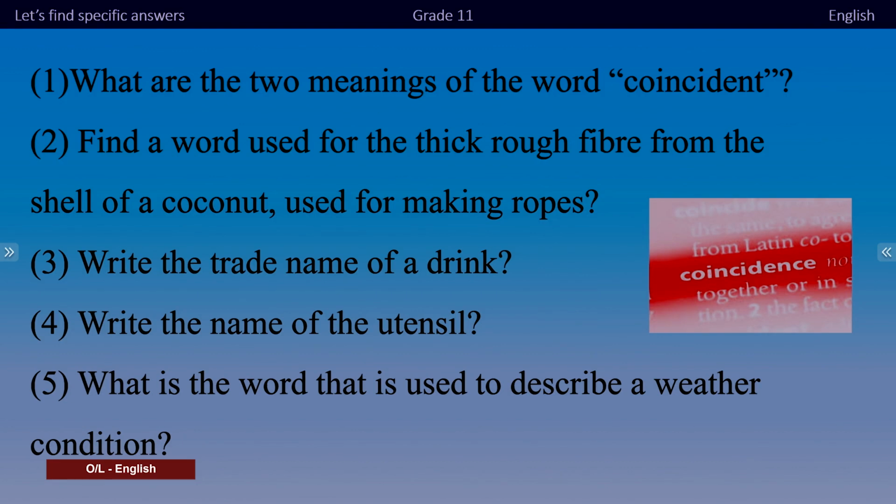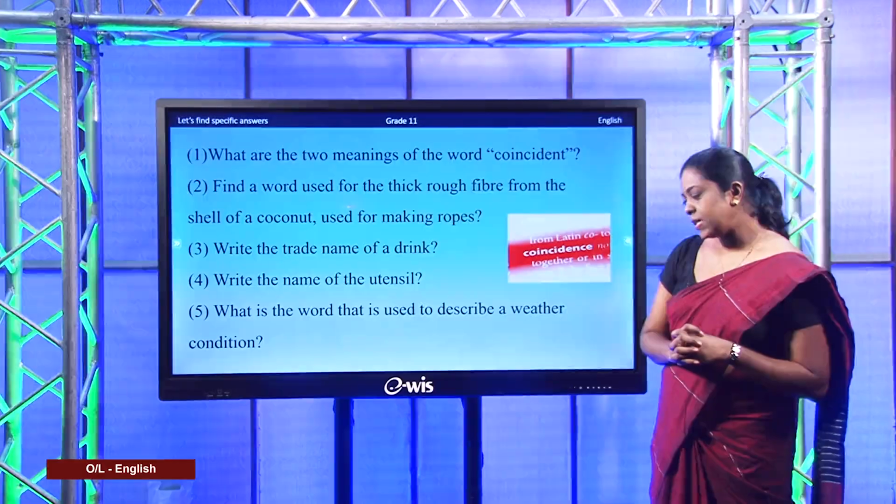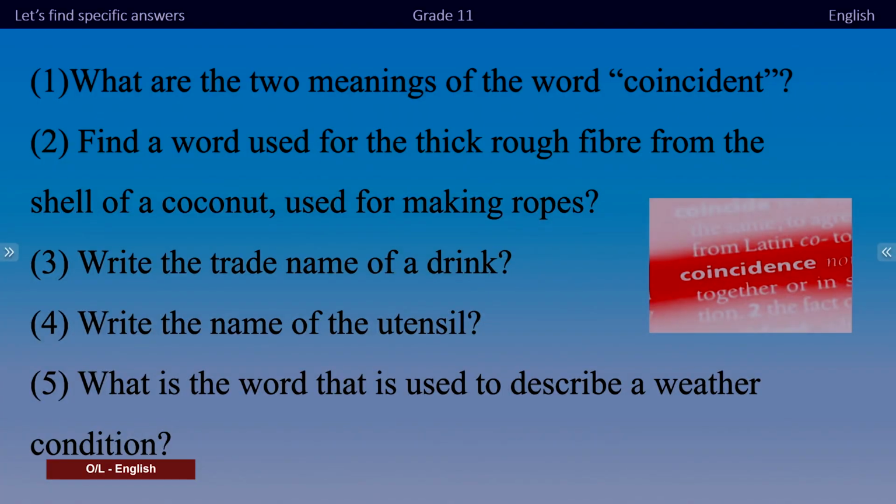This is going to be easy, I know. Number 4, write the name of the utensil. What is it? A container, right? And the 5th one, what is the word that is used to describe a weather condition? Hope you copied all these questions into your notebook.